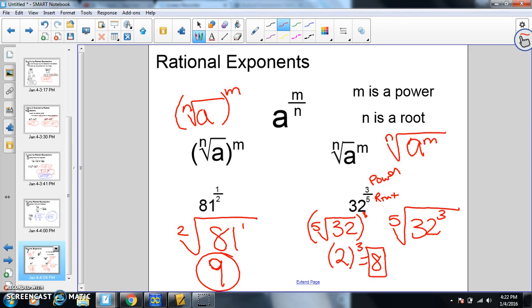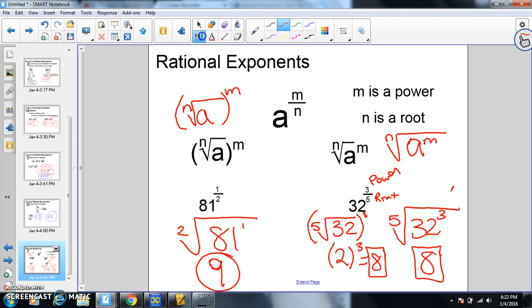I think this way would be much more simple than first cubing 32 to get 32,768 and taking the 5th root of that. But in the long run, we still get 8.